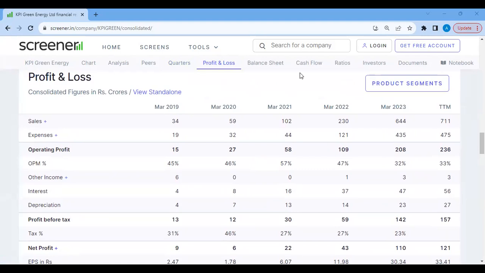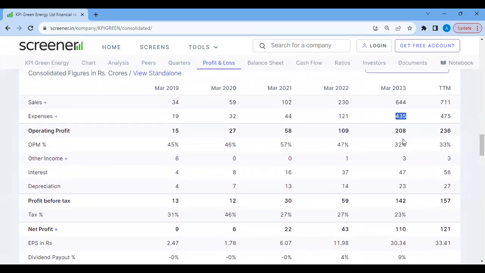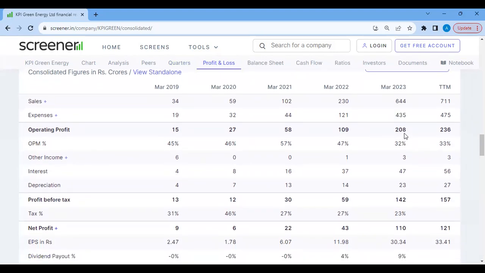If I look at the P&L statement of this company for the entire year, this company had a revenue of 644 crore in FY23, in March 23, expenses of 435 crore, and an operating profit of 208 crore. It paid 47 crore in interest, 23 crore in depreciation, 3 crore other income the company got, and it made 110 crores in profit, right?